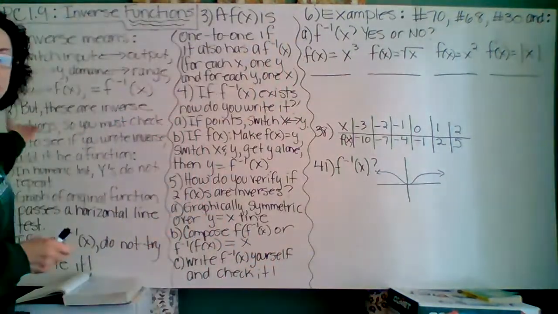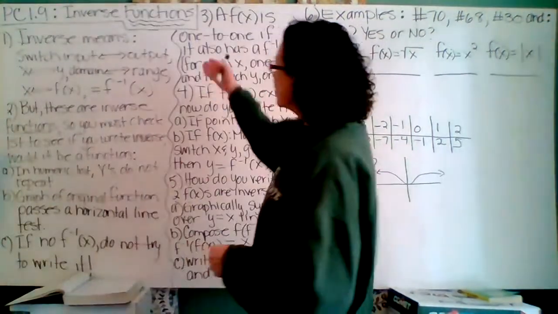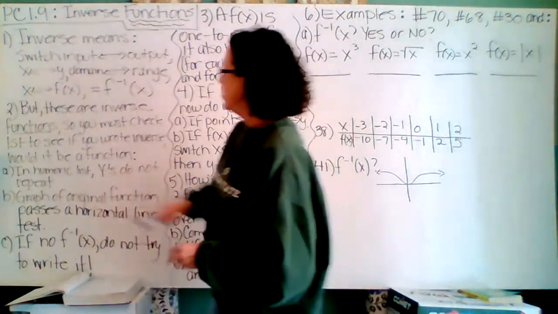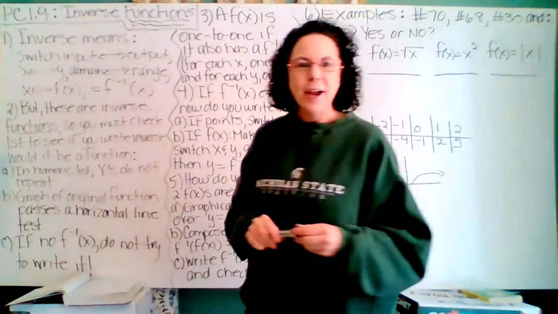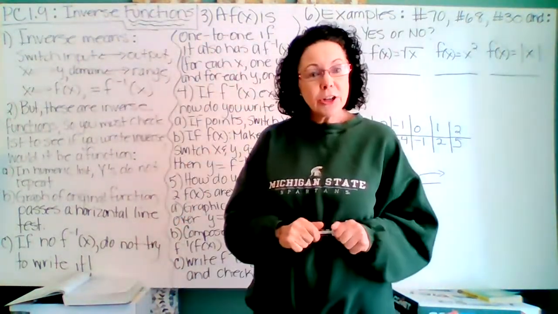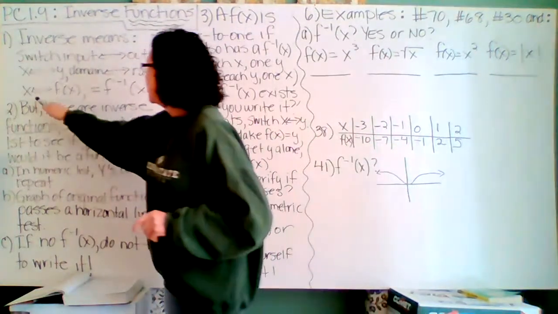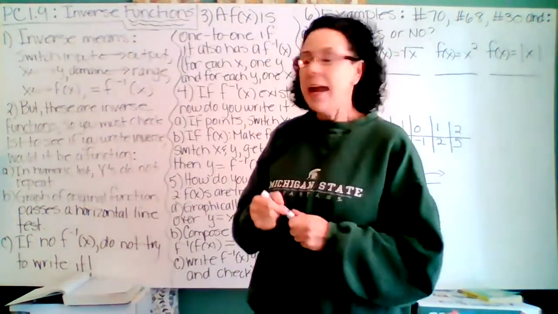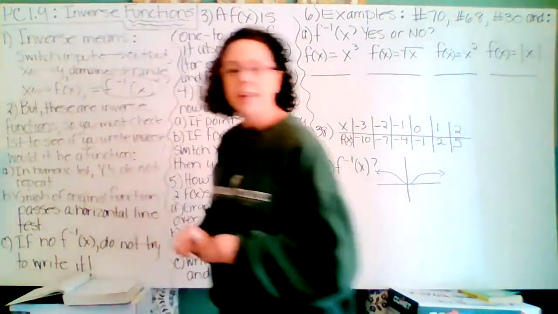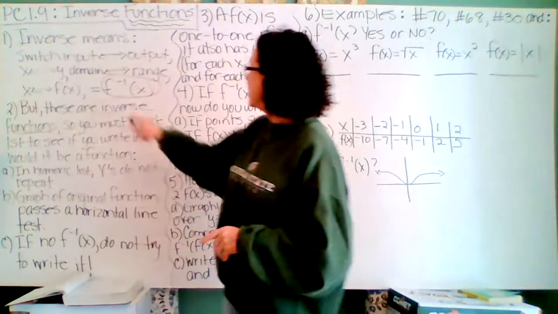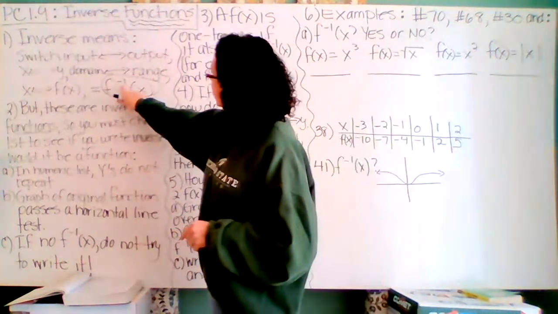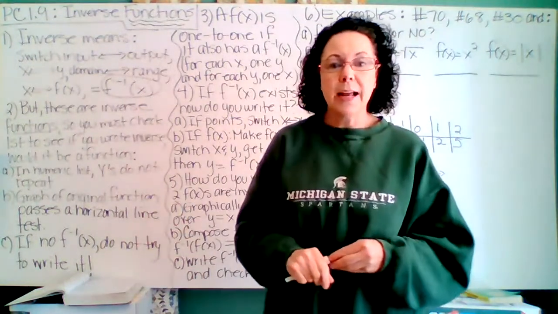So inverse means you're switching the input and the output, which also means you're switching the x and the y, which means you're switching the domain and range. In function notation, it means you're switching the x and the f of x. And if you have written an inverse function, then we still use the symbol of the original function, and we put a -1 for an exponent on the f.